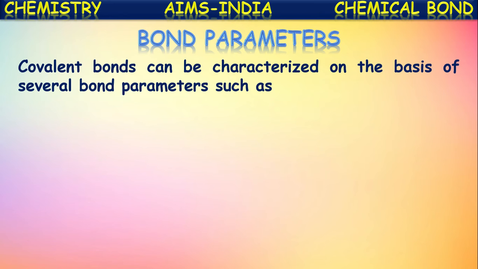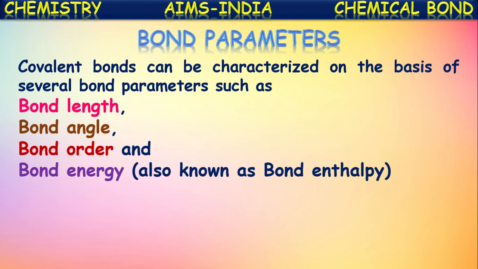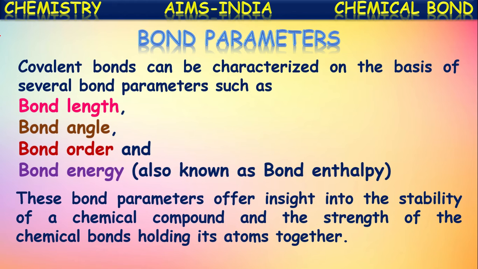Covalent bonds can be characterized on the basis of several bond parameters such as bond length, bond angle, bond order, and bond energy, which is also known as bond enthalpy. So these we can call bond parameters.